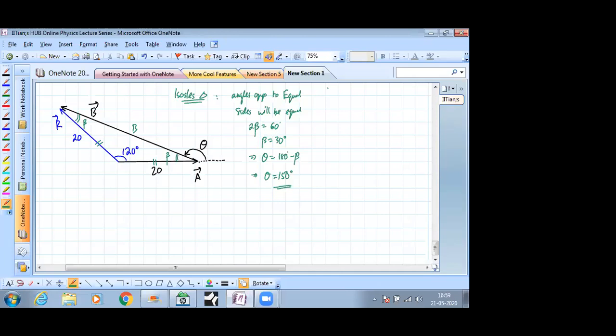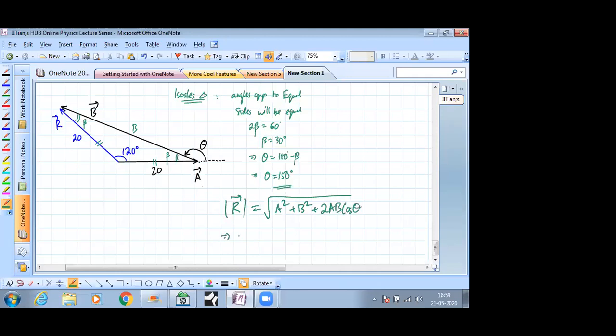Yeah, so Ishita, you'll get the magnitude as 20 root 3. Now you can use the option that the resultant's magnitude is root of a square plus b square plus 2ab cos theta.